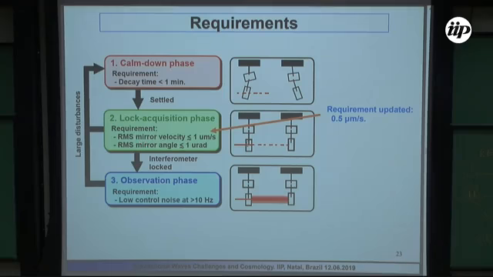Then at the lock acquisition phase, we have the RMS mirror velocity below 0.5 micrometers per second, and the angular fluctuation should be below 1 microradian. And then for the observation phase, we need to have low control noise at 10 hertz and so on.